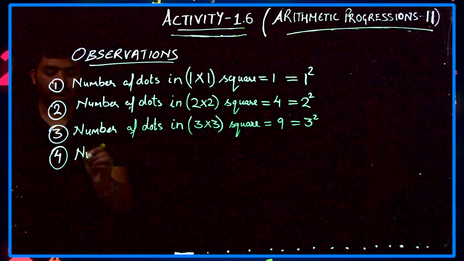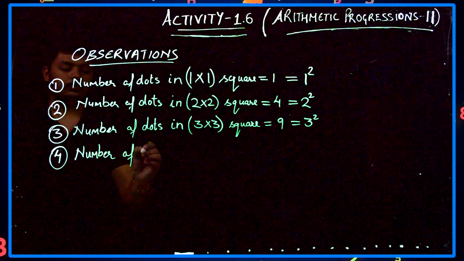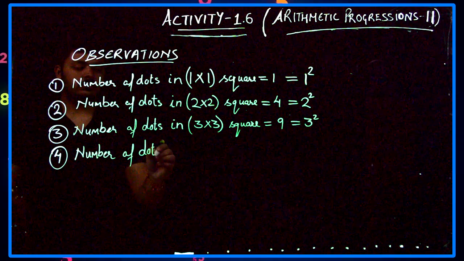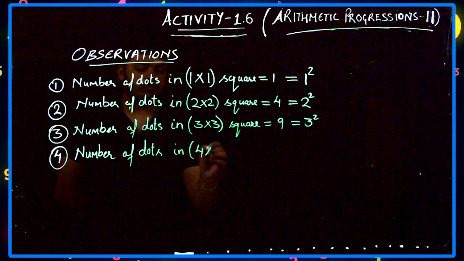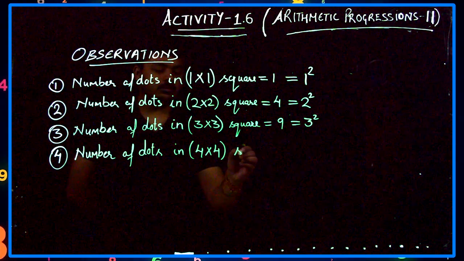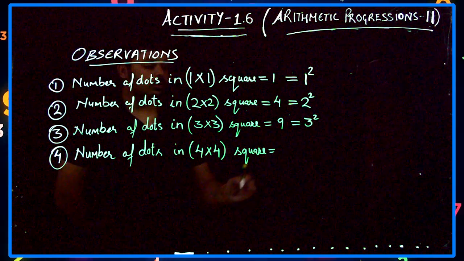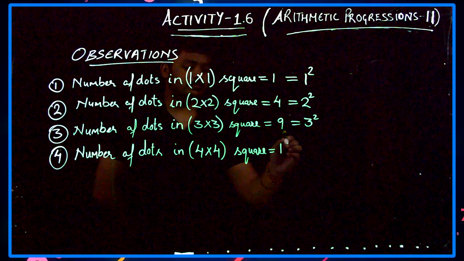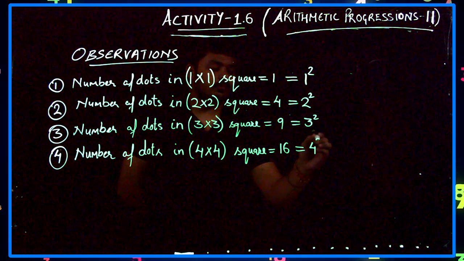The number of dots in the 4 by 4 square equals 16, so we can write it as 4 square.